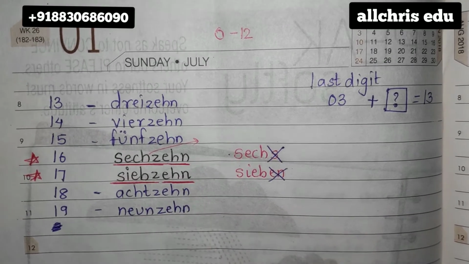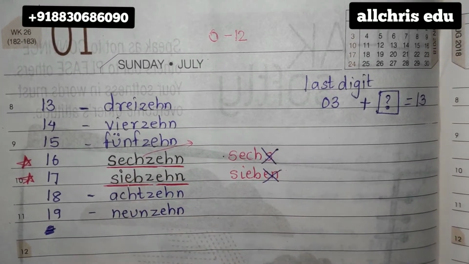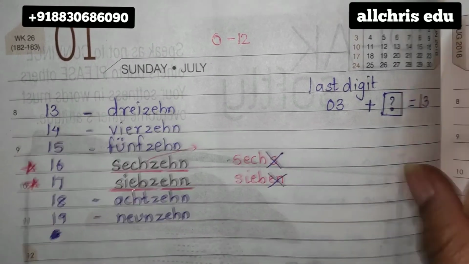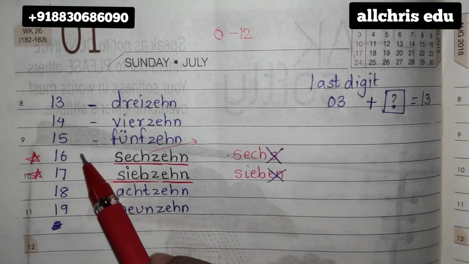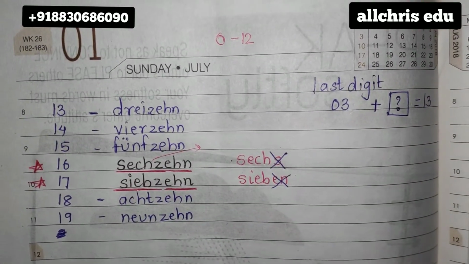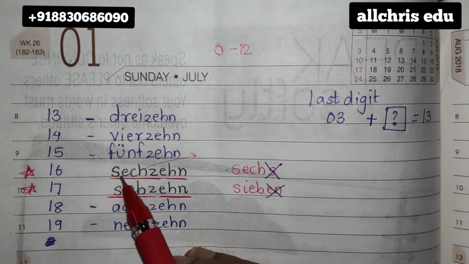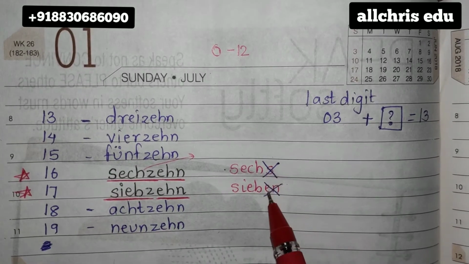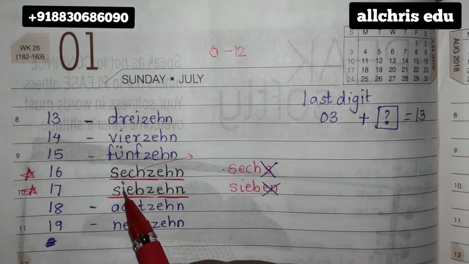Siebzehn. I have a hint for y'all. These two words start with S. You can keep in mind that these both are friends starting with S, so these are best friends. If you are cutting S here, here also you will cut something. 16, 17.